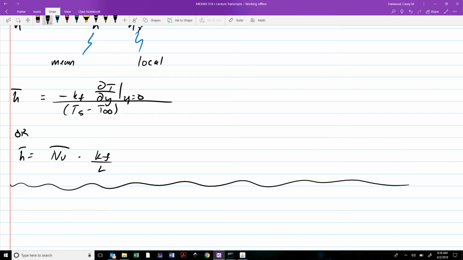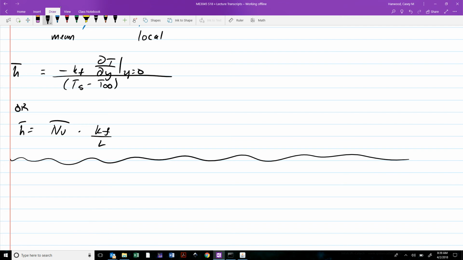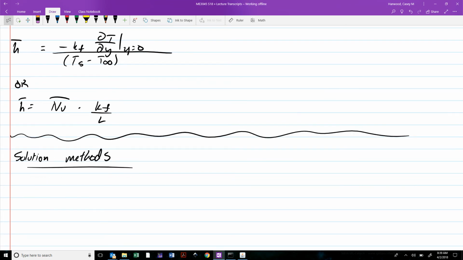How did we solve problems? There were two main ways. The first came from Chapter 6. The first of our solution methods dealt with exact solutions.